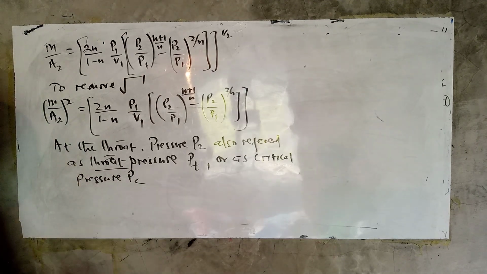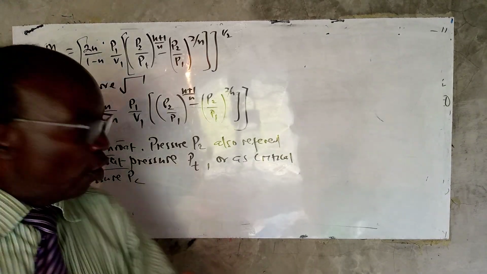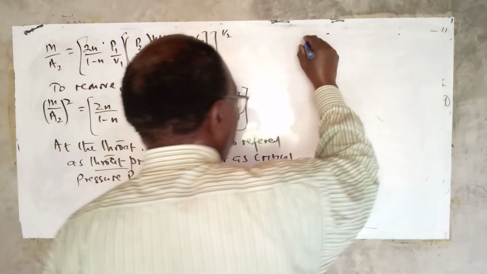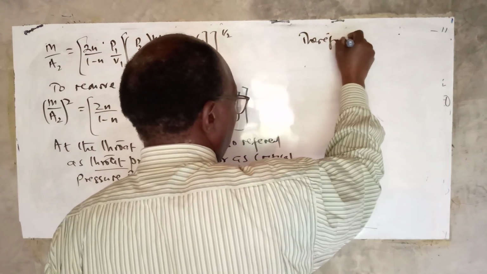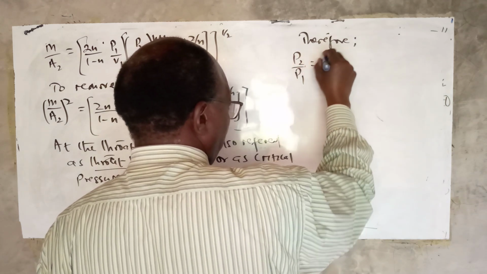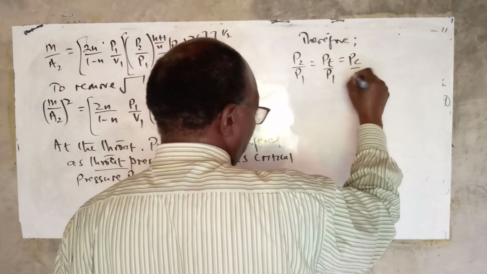So that ratio which we got, the critical pressure ratio, P2 over P1, can now be called PT over P1 or PC over P1. P2 over P1 can also be expressed as throat pressure over P1 or critical pressure over P1.